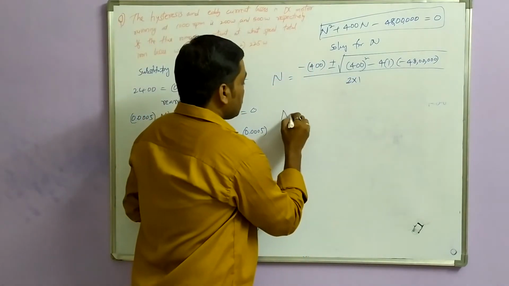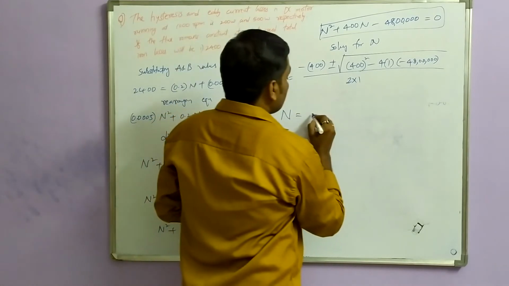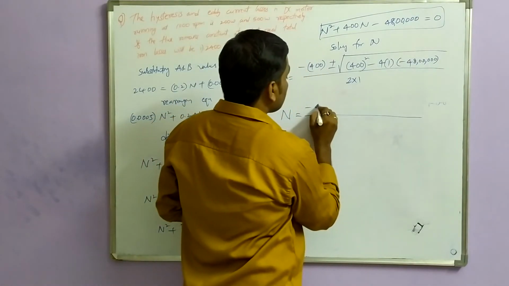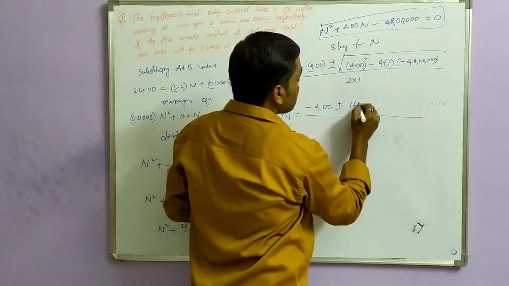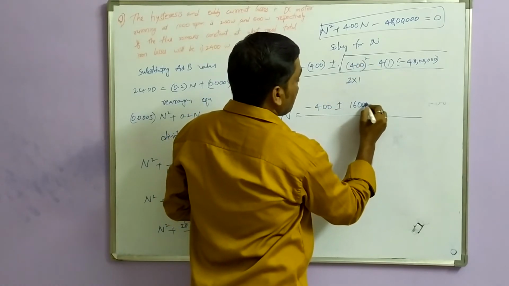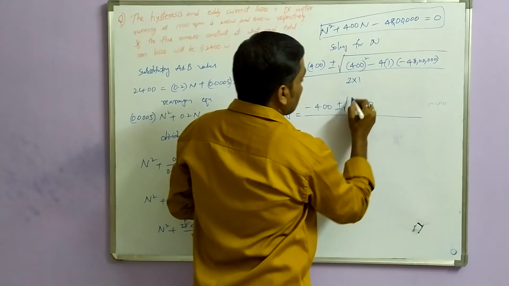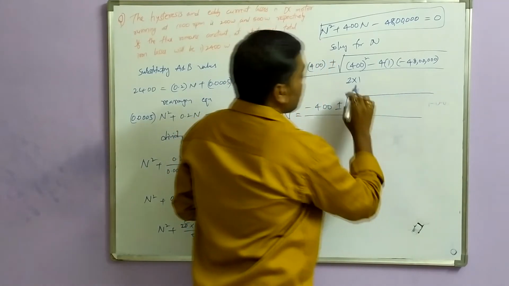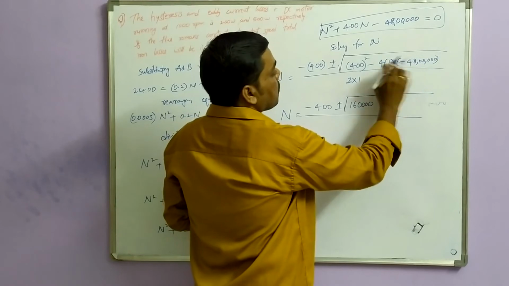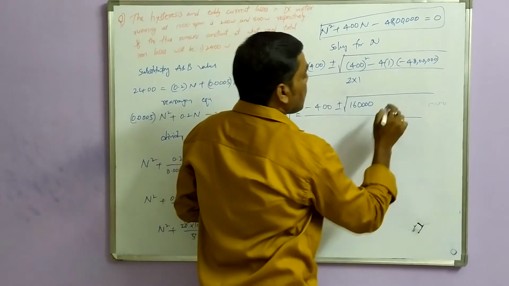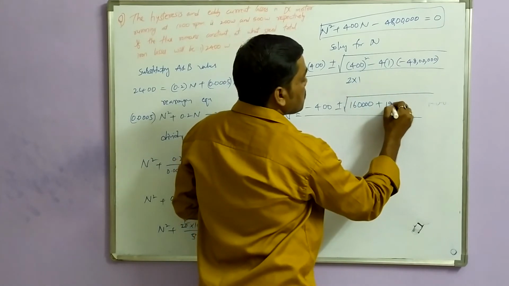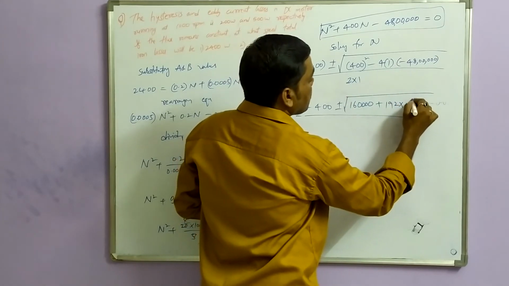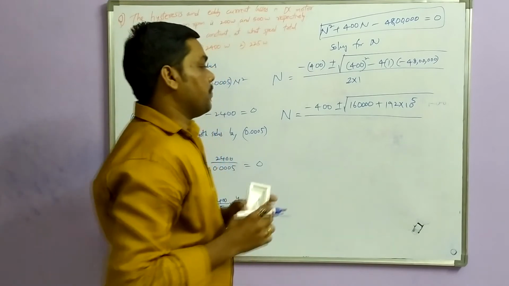Now further you calculate this value, so you may get minus 400 plus or minus, so 400 square is 16 into 10 to the power of 4. You will multiply this 48 into 4, you may get 192, and it is positive, minus into minus plus, so 192 into 10 power 5.